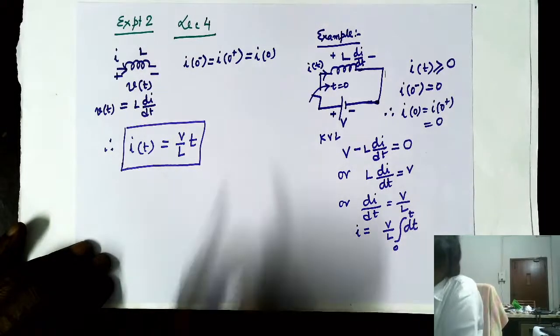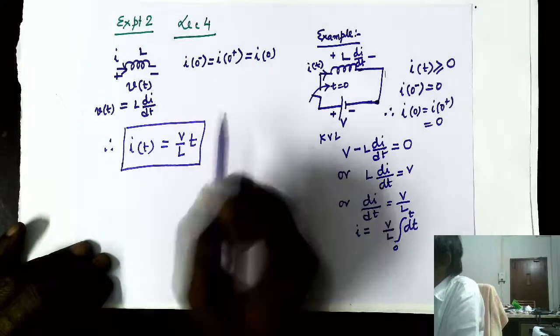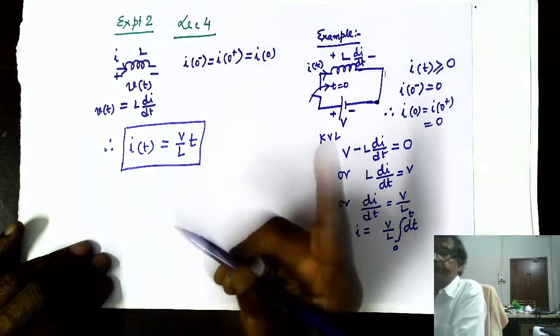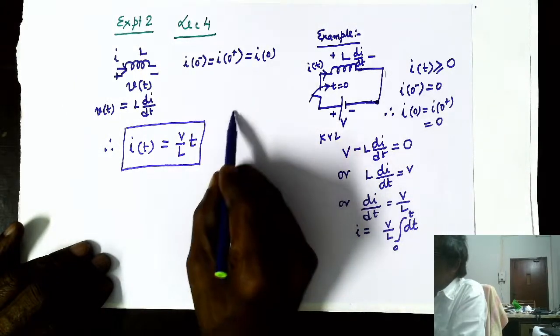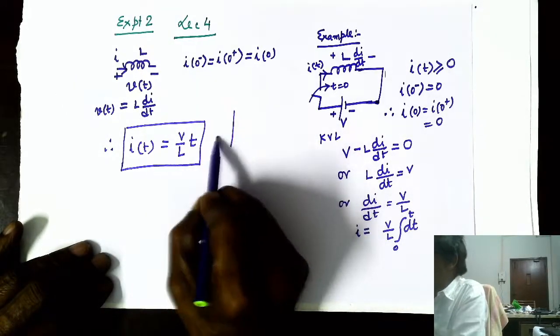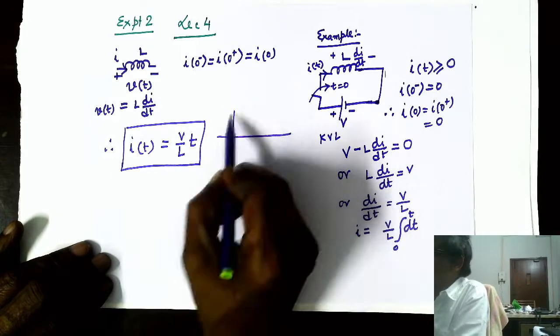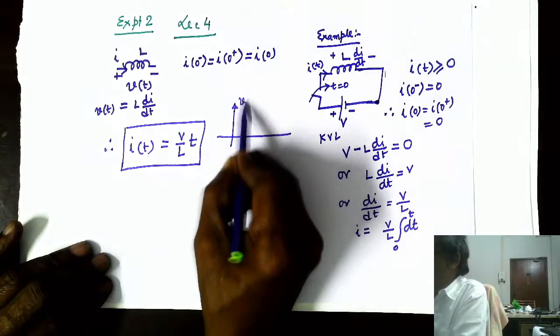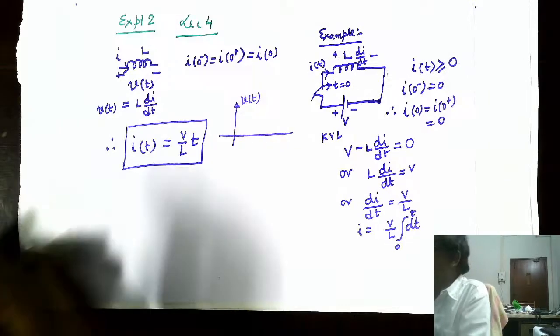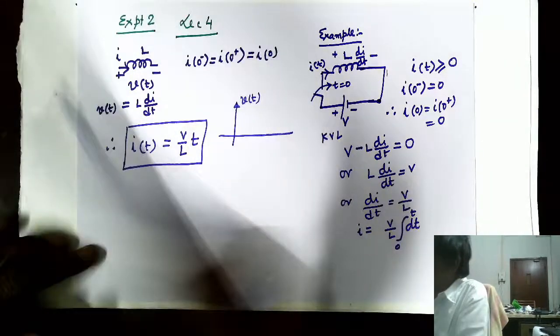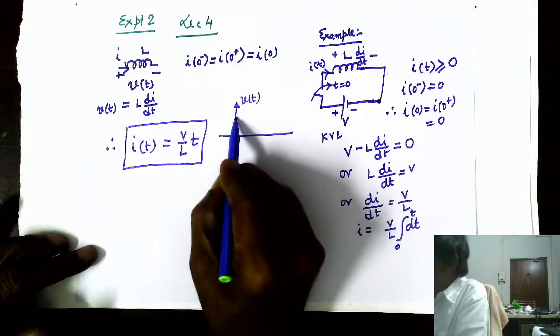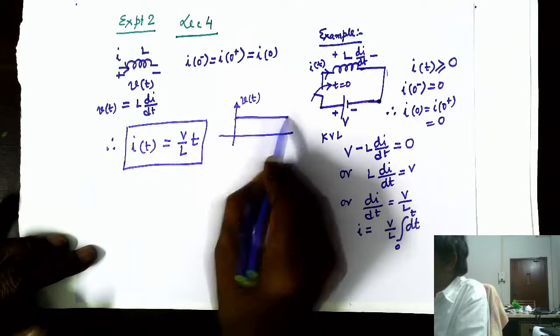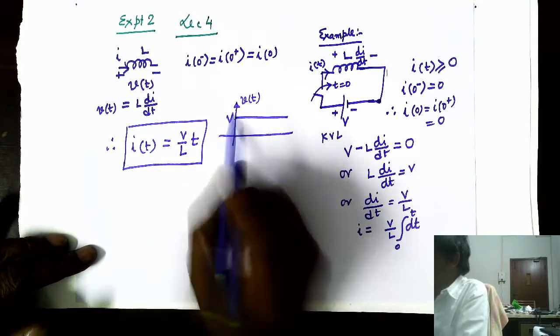So if I sketch, it is always a good habit to sketch the applied voltage and beneath that the current waveform. So this was my v(t) I have applied, which I told you is a constant. It is like this, of magnitude V, a DC voltage.